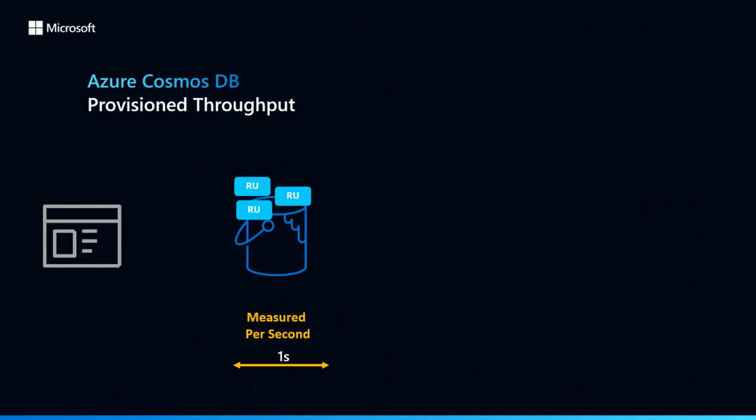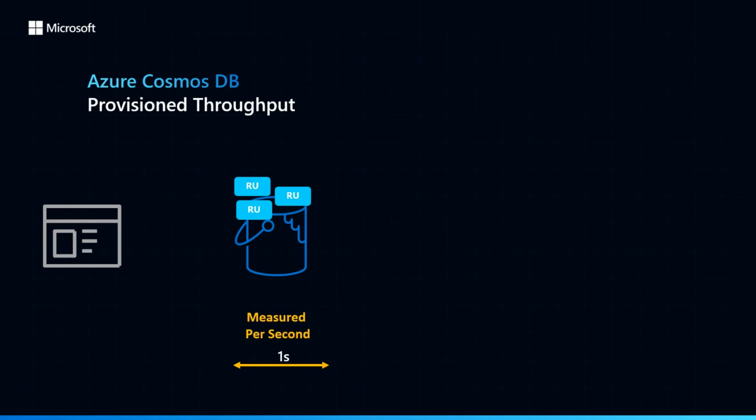Typically, you'll provision throughput for your workload. Cosmos DB provisioned throughput is the number of request units that you have available in any one second. If you provision, you will have a bucket of, let's say, 100 request units per second. You will have 100 request units available for every second for your operations to use from.